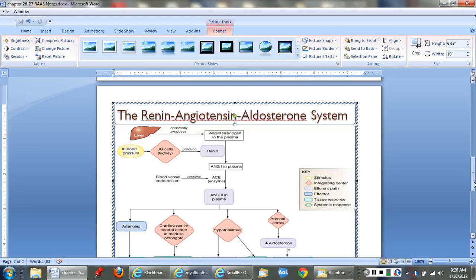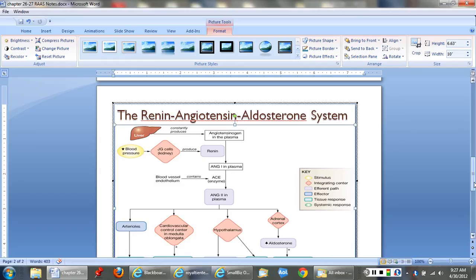Okay, so renin is an enzyme, remember that. And what does renin do? Exactly. So it activates angiotensinogen and converts it to angiotensin 1.